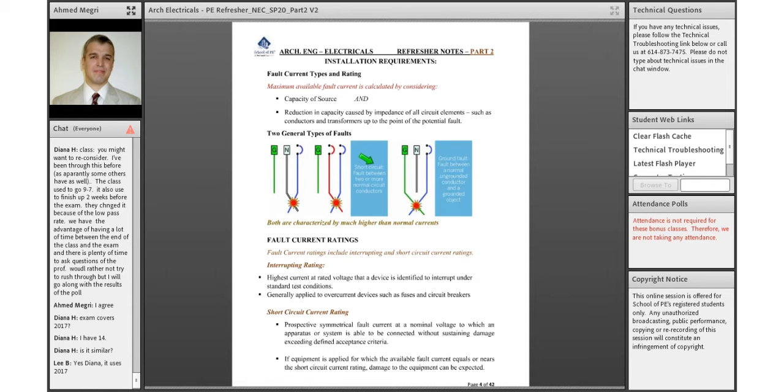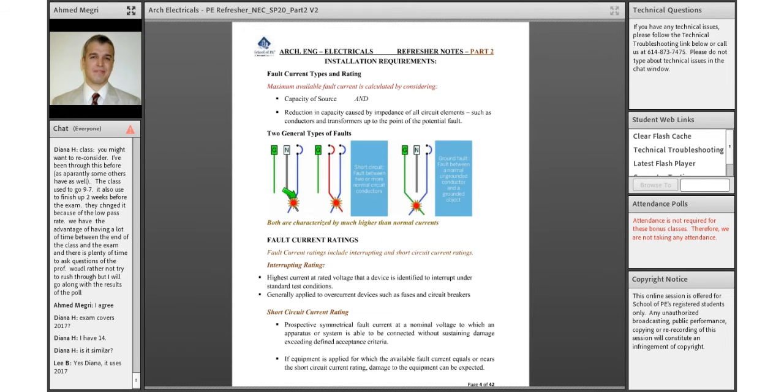But imagine for any reason you lose your insulation and the metal of the neutral and the metal of the hot touch each other. What happens?